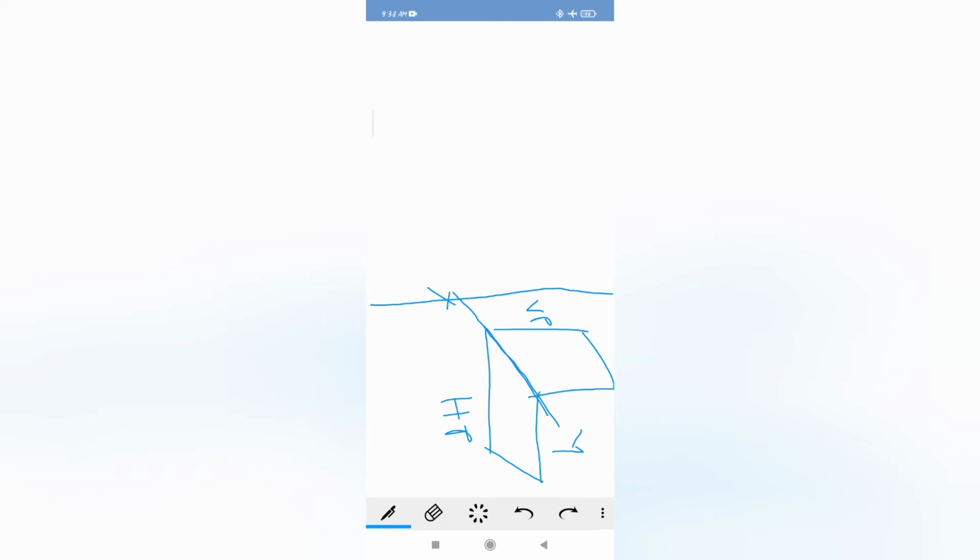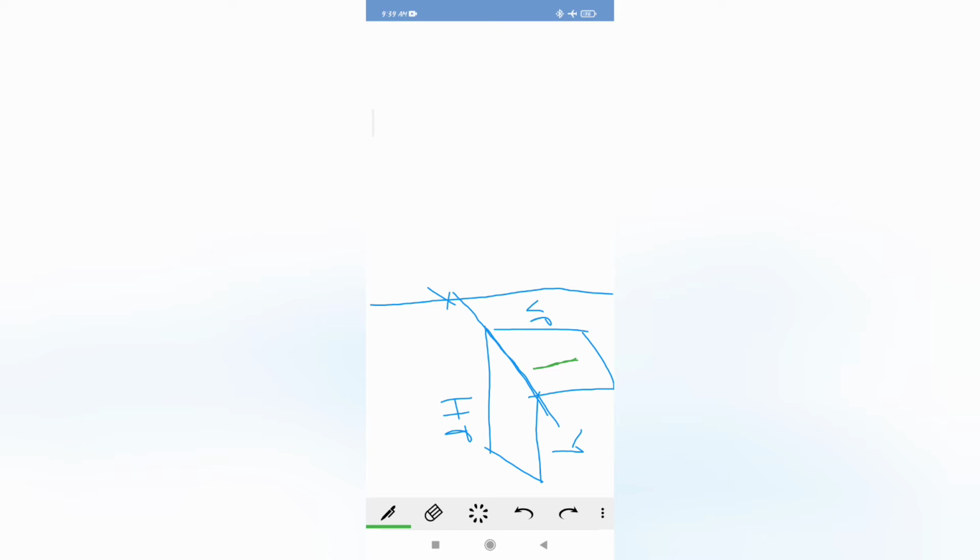Here the line is named AB, of 50 mm length, and it is given that it is resting on VP. That means the entire line is resting on VP. Suppose you consider the entire line resting on VP like this. The first part of the question is satisfied, but it is perpendicular to HP.